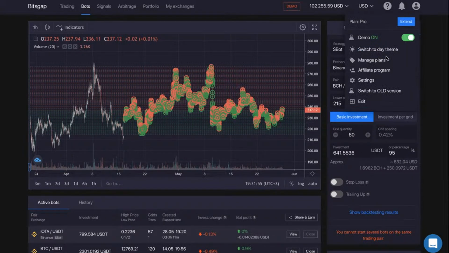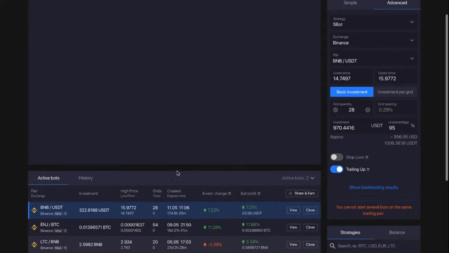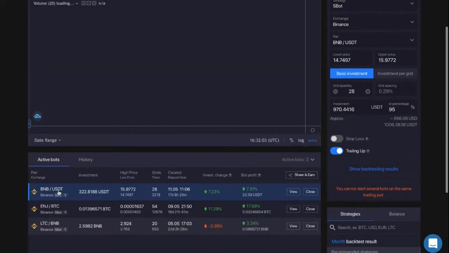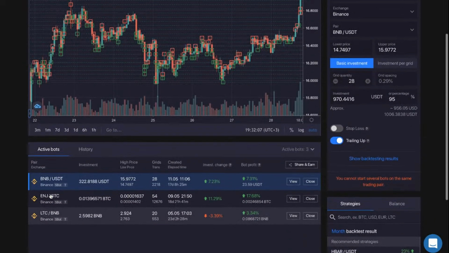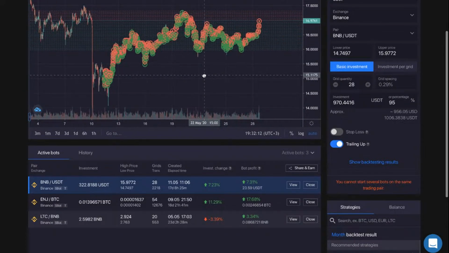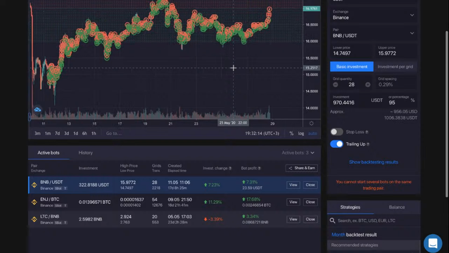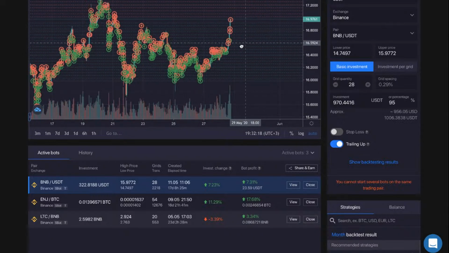Let's look for some other examples, maybe on my real account. Here you can see that I have BNB trading to USDT. That's exactly the example that I just showed you in the presentation. And as you can see right now, I have quite many buy limit orders, because I haven't changed the amount of grid levels.